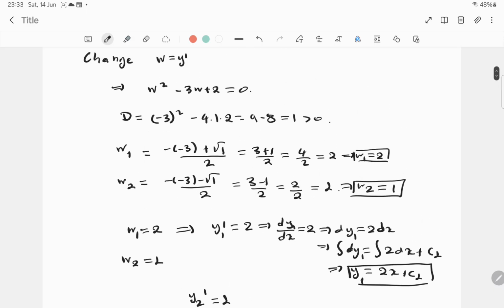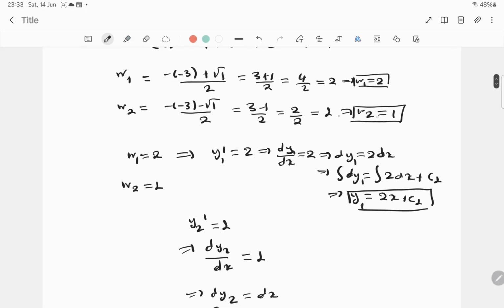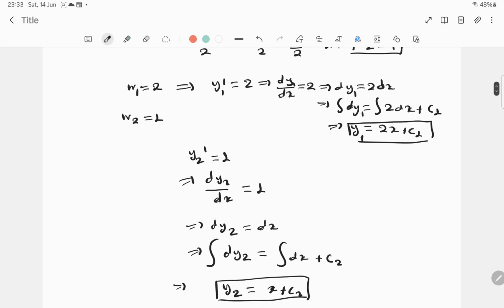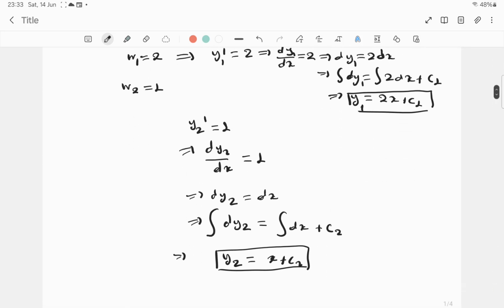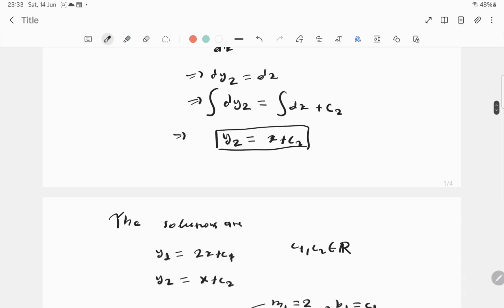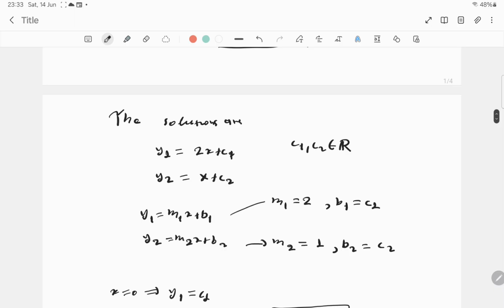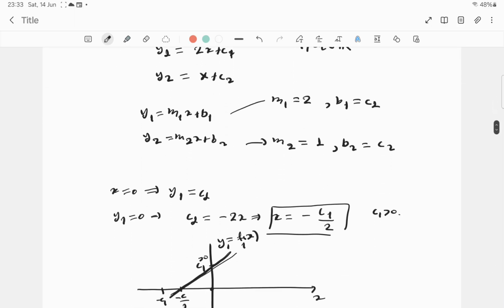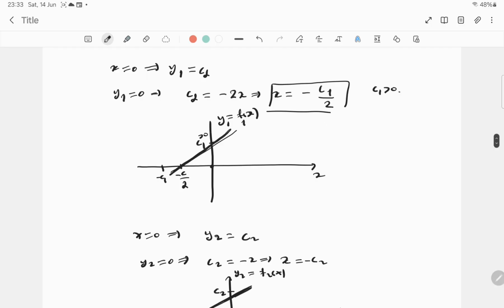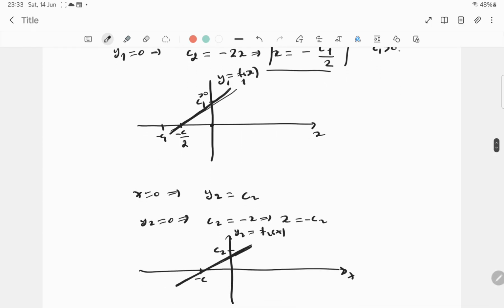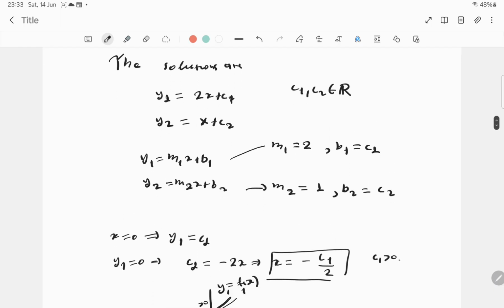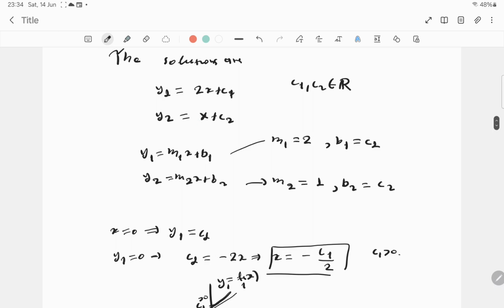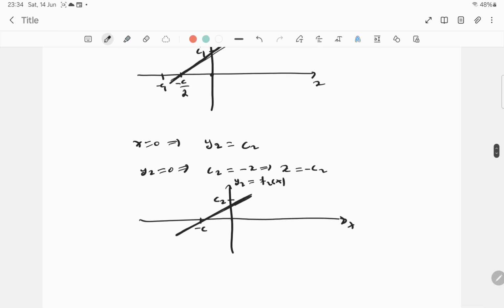Then we solve a trinomial, we get w1 and w2, and then we know that w is y prime, and we solve two linear ordinary differential equations, separable. We can separate the variables, and we get the solutions, which are linear functions y1 and y2, depending on some parameters c1 and c2, which are real numbers. The gradient of the first linear function is 2, and the gradient of the second linear function is just 1, and the curves are just straight lines.